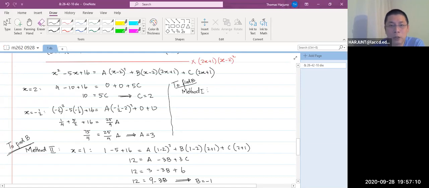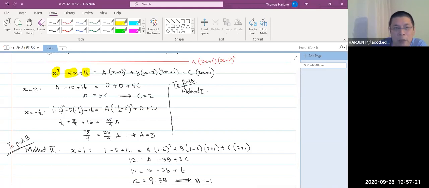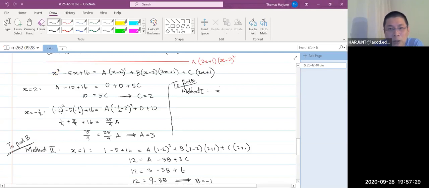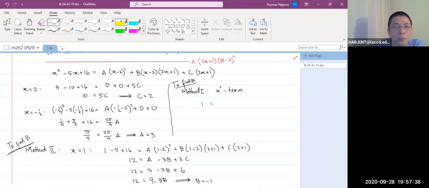Okay, now, you have the coefficient of x squared, or the coefficient of x to look at, or the constant to look at. Now you think about which one is easiest to see. For example, in this case, the coefficient of x squared is easiest to see. On the left-hand side, the coefficient is 1, right?